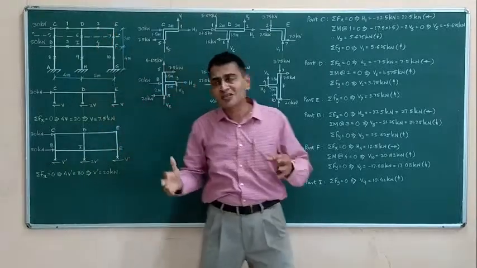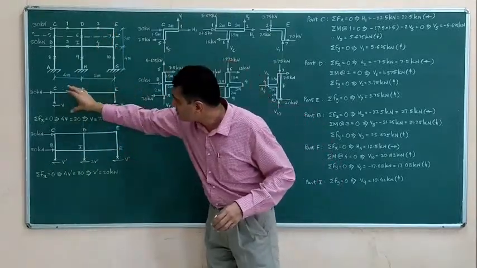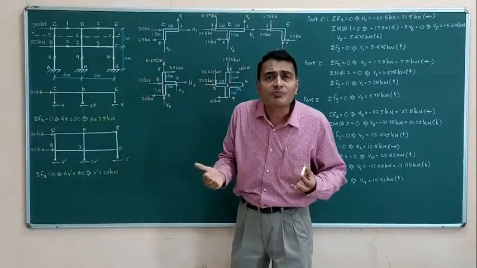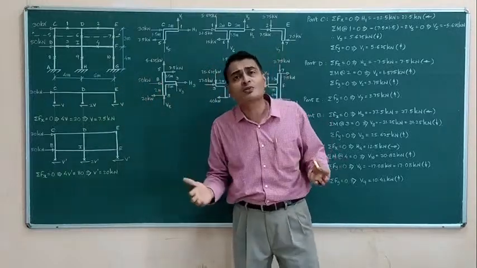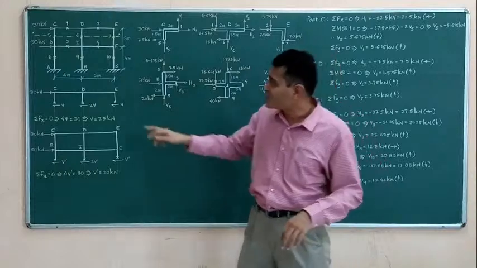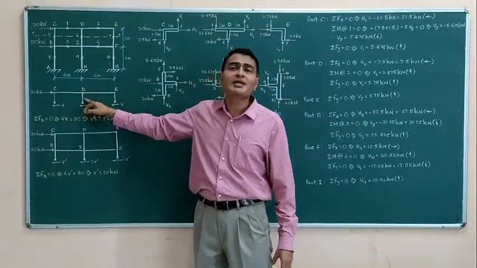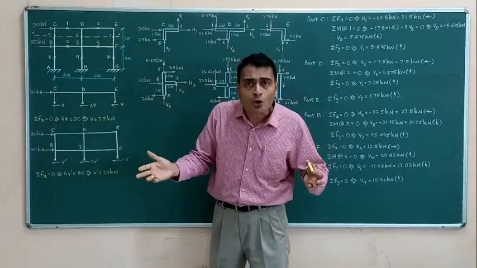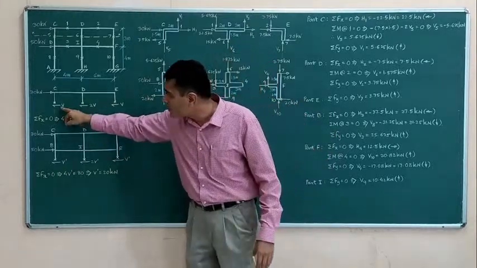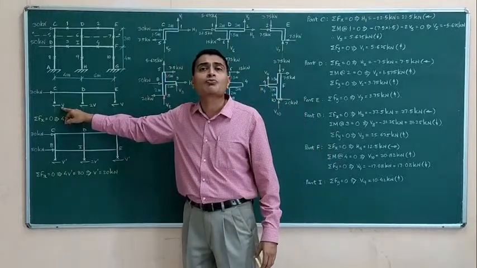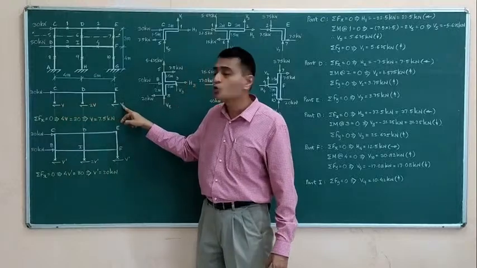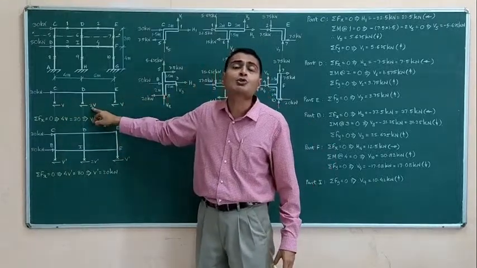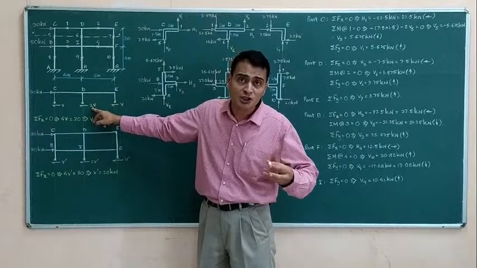So that is precisely what I have shown here. This is our FBD, and in this FBD I am using my third assumption of the portal method, that the interior column is carrying double the shear of the exterior column. That is, I am showing here a horizontal shear force of V. This is also V. These two are exterior columns, and then here I am showing 2V, double the shear.